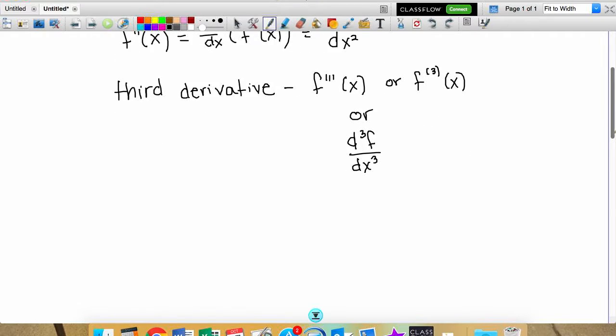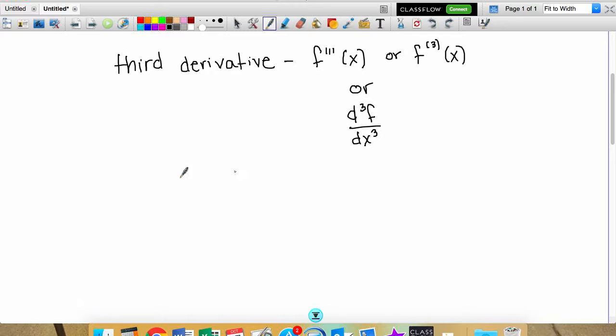Let's take a look at how to find higher order derivatives in examples. In our first example, we're going to calculate f triple prime of -1 for a function.